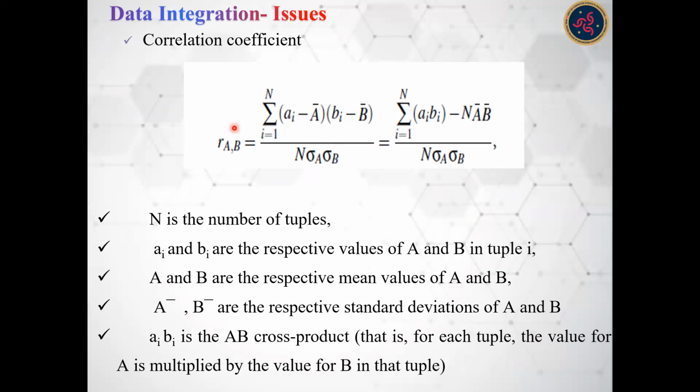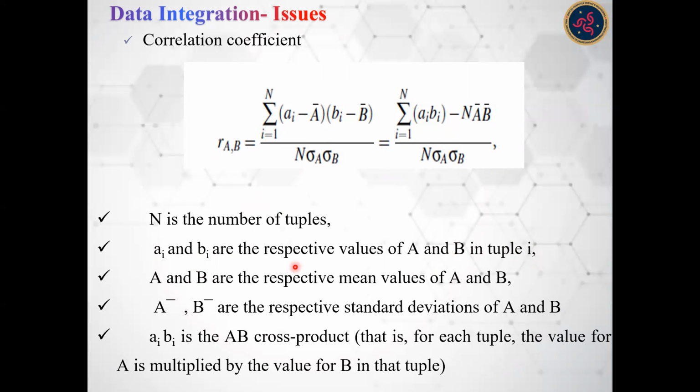Here, this is the relation between A and B, the correlation coefficient of A and B. N, capital N, represents the number of tuples that we are considering, and a_i and b_i are the respective values of attributes A and B in the ith tuple.